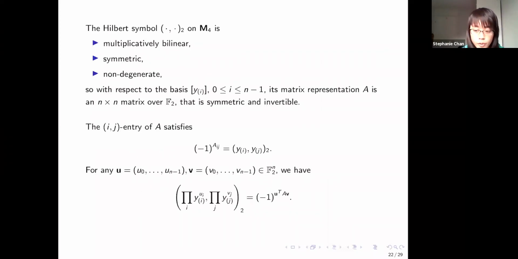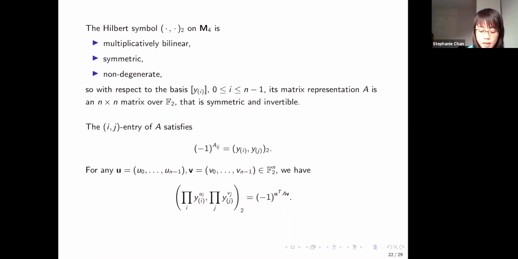And because the Hilbert symbol is multiplicatively bilinear, symmetric, and non-degenerate, we can find a matrix representation A that represents this bilinear pairing. We take A to have entries in F2, with entries 0 and 1.